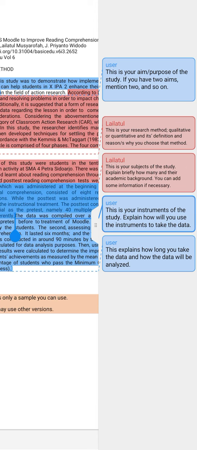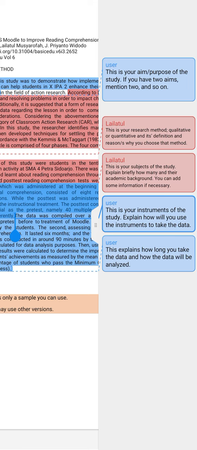And then this part talks about instruments of the study. The instruments of the study are the tools that you are going to use to take the data. Let's say if you are using observation and questionnaire, you have to write it down here and explain how you use the instruments in your study.